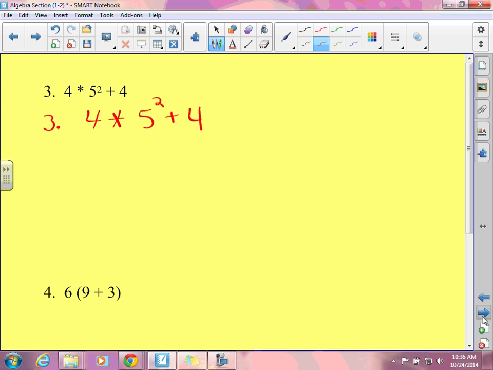All right, do I have parentheses? No. Do I have an exponent? Yes. 5 squared is 25 because it's 5 times 5, right? Okay, do I have parentheses? Do we have an exponent? Do I have multiplication, division? Which one?